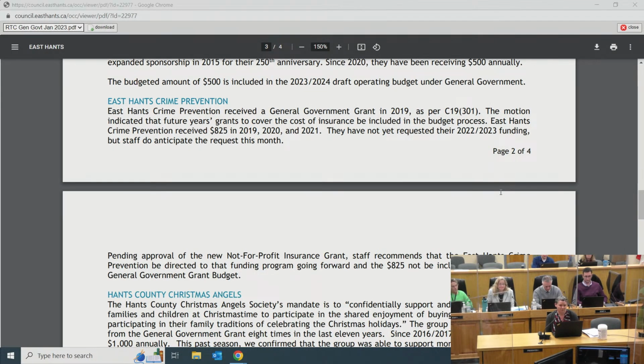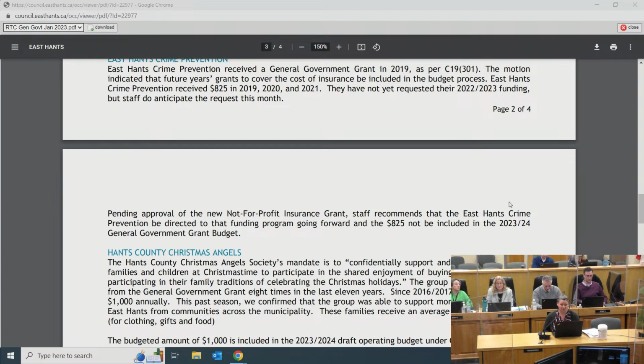And we don't recommend including this group for $825 going forward in 2023-24, as long as the not-for-profit insurance grant goes through and is approved in time for April 1st, because they would qualify for funding through that new grant program. So we would essentially be moving that money out of here, and they would be getting the money through a different grant program.